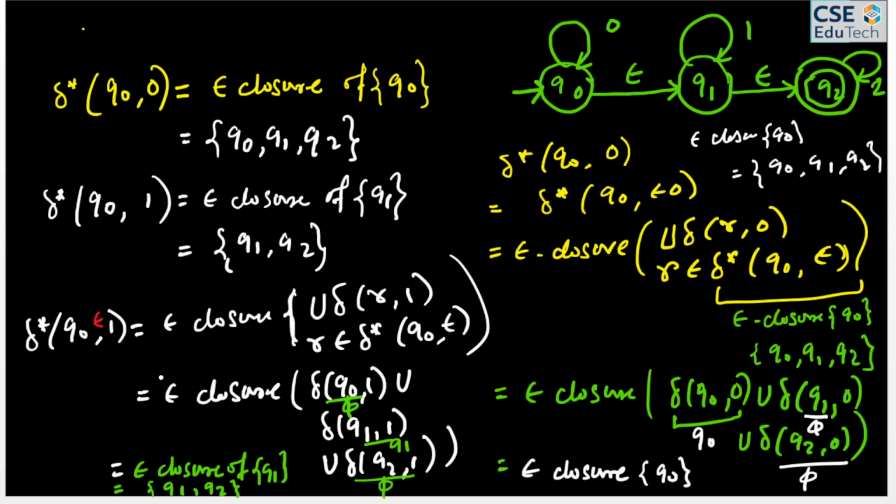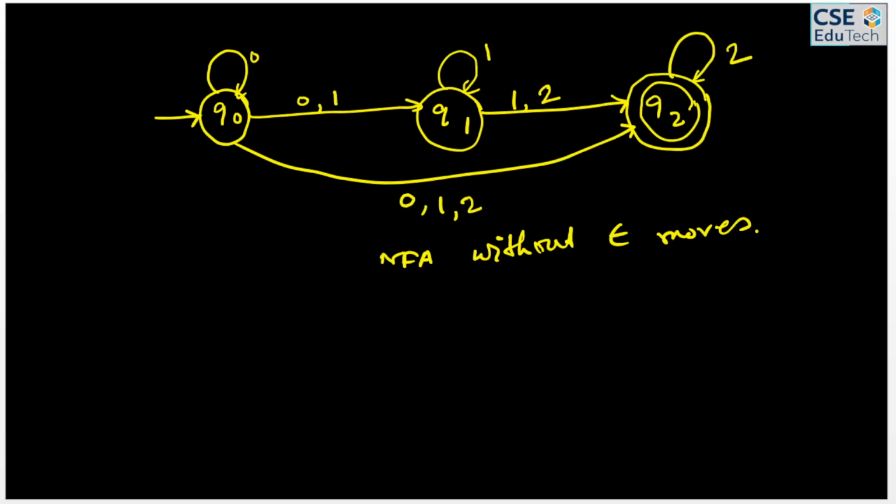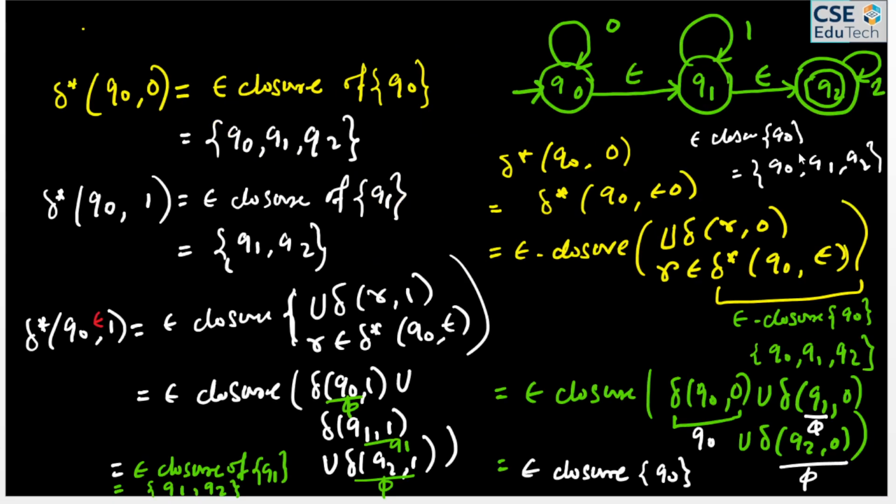So that means epsilon closure of Q0 contains a state from F, this final state, in the transition diagram where epsilon is present, that means NFA with epsilon transitions.